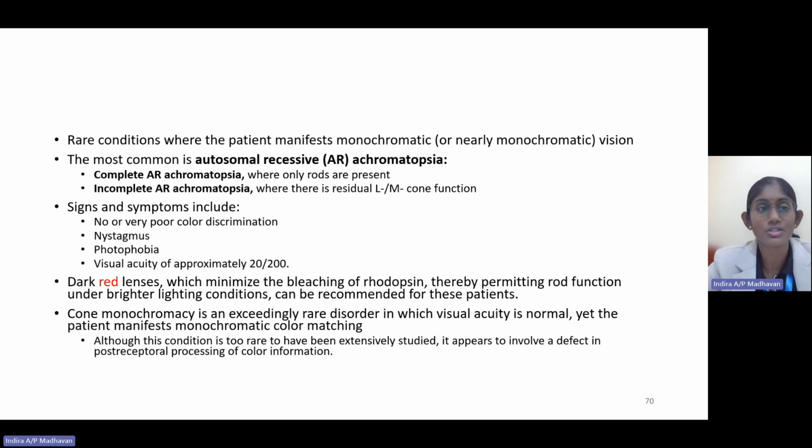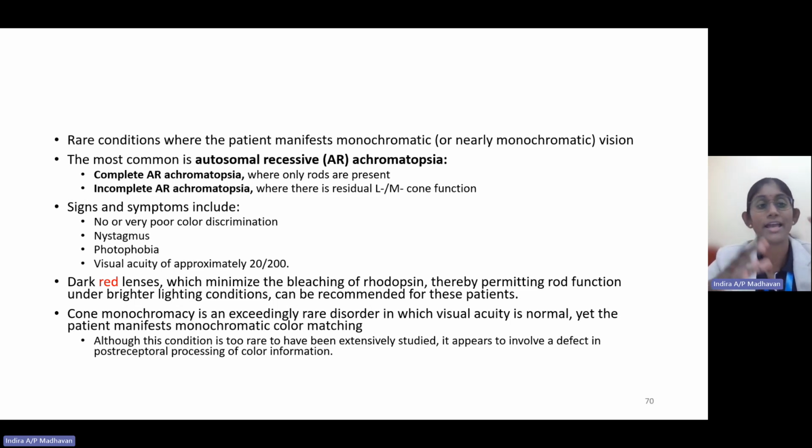The most common is the autosomal recessive achromatopsia, and it is further divided into two. The chromosome for this gene is not in the sex-linked gene, so that's why it is very rare.